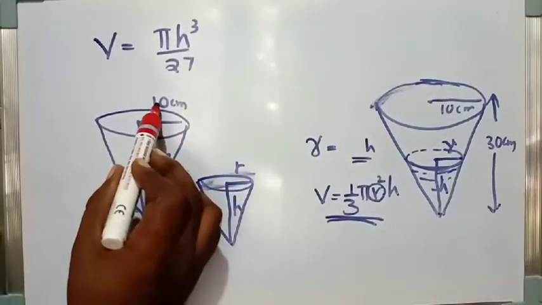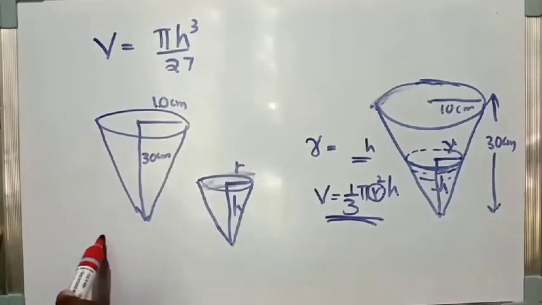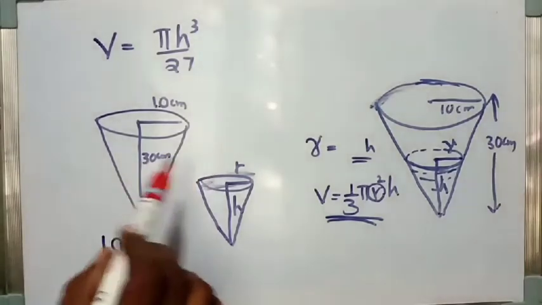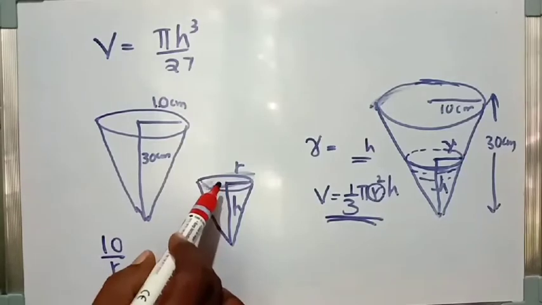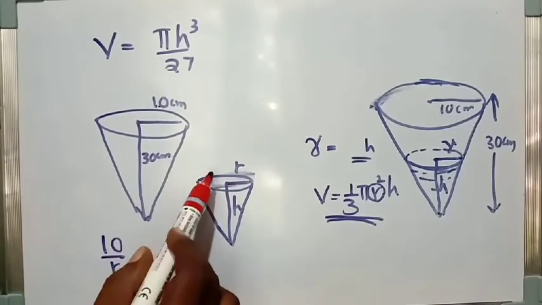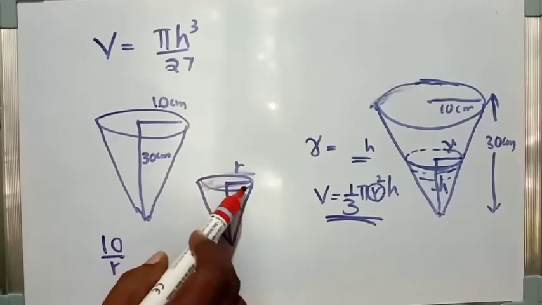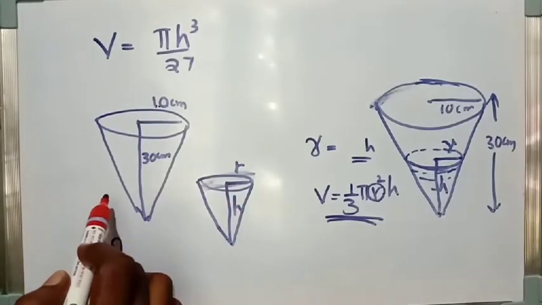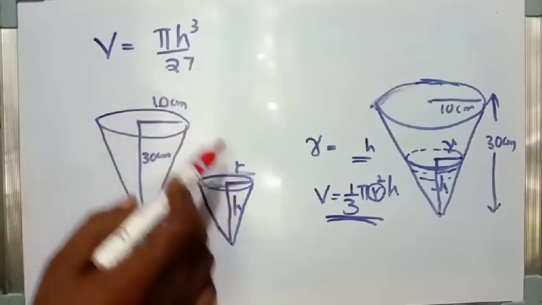We get 10, which is the corresponding side of r here, so 10 by r. What do you mean by proportion? It means the ratio of corresponding sides are equal. So the ratio of the sides are equal.